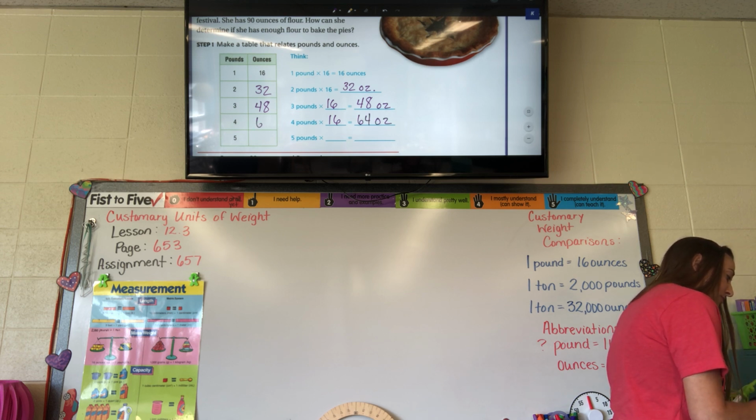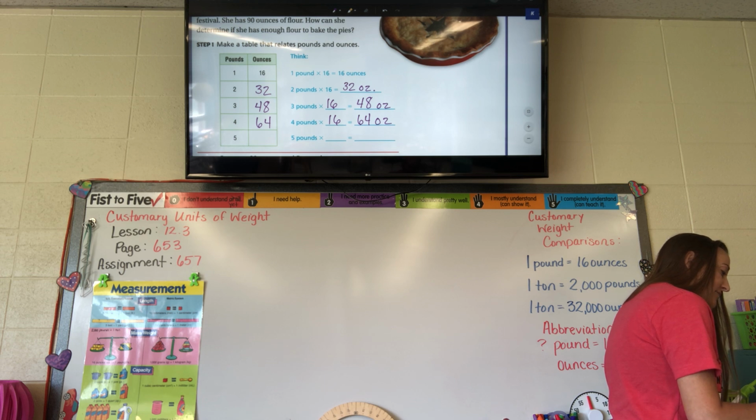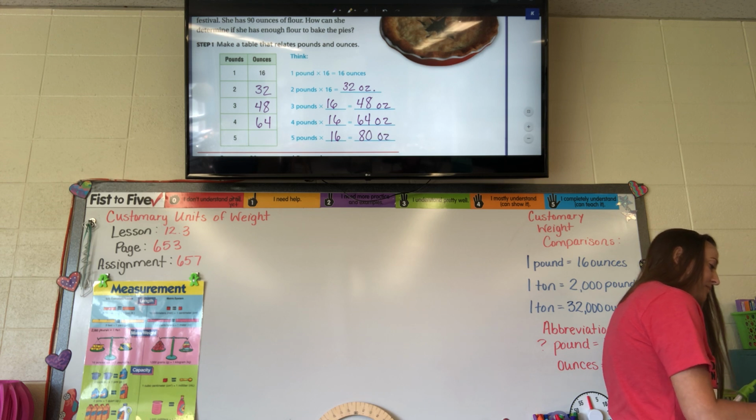And then 5 times 16 is going to be 80 ounces. And let me just double check.